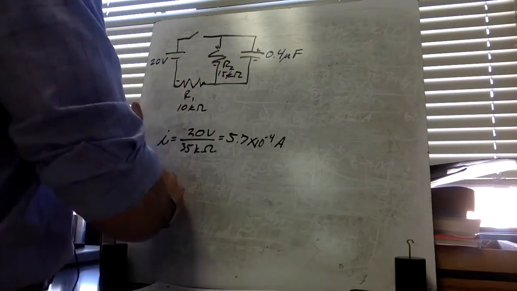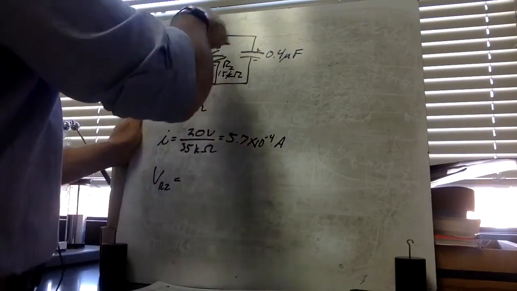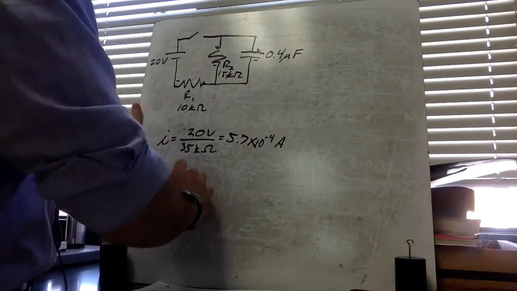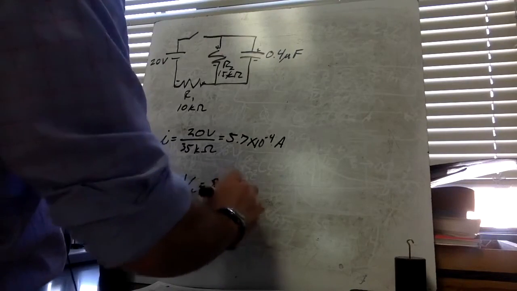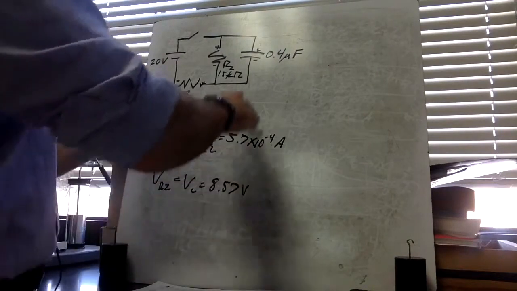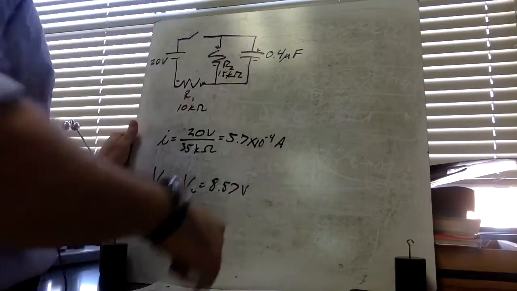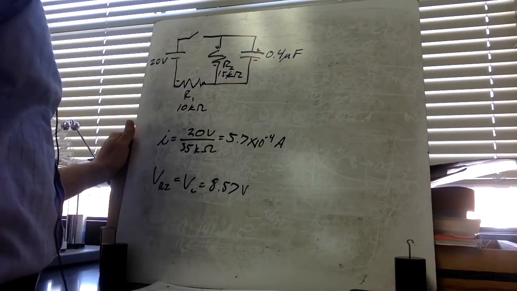Right, so that V on R2 a long time later is going to be V times C, which is 8.57 volts. So that's how much voltage now is being discharged across this.